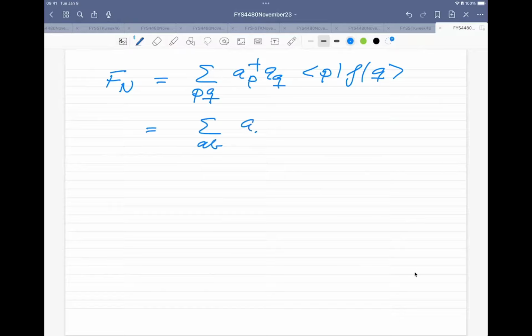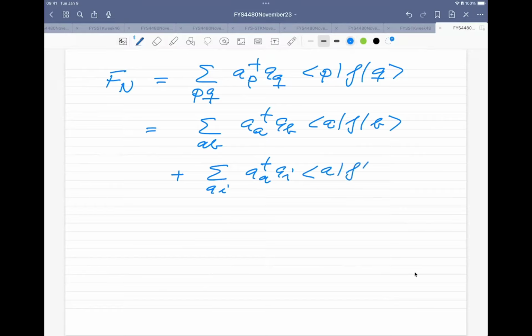So we would have a, b. So these are the particle states, f_ab, plus, and then I have my a_i here, and then I have a_i, and then I have my a, f_ai, and plus. Okay, so there are 2 more terms.